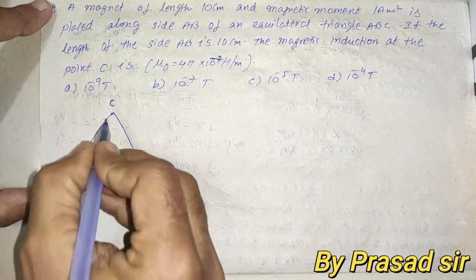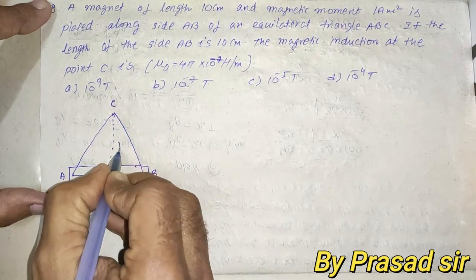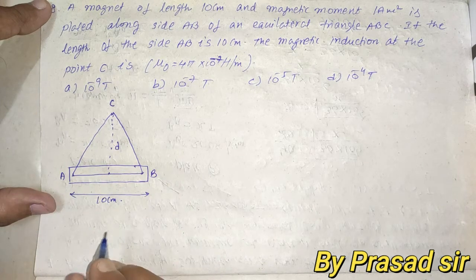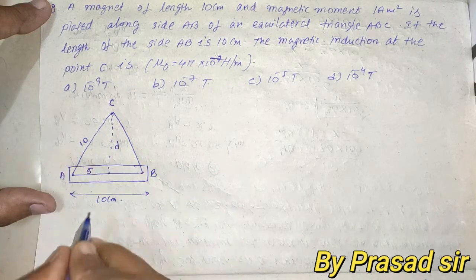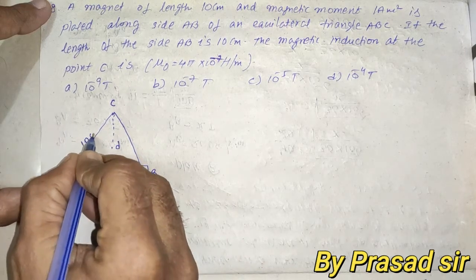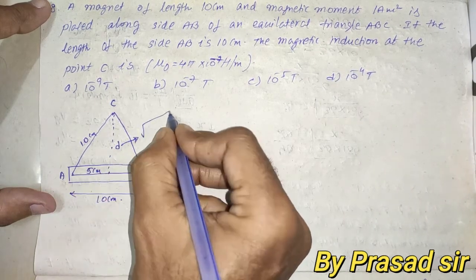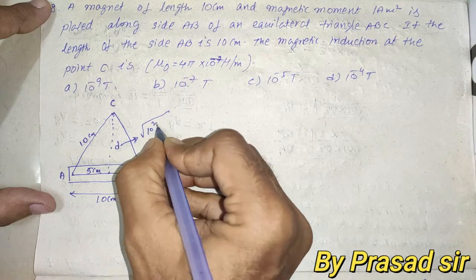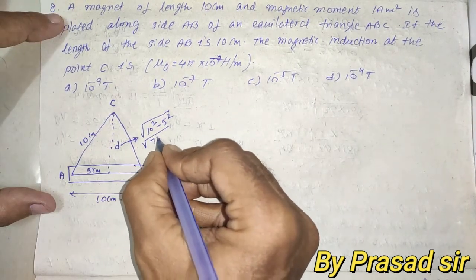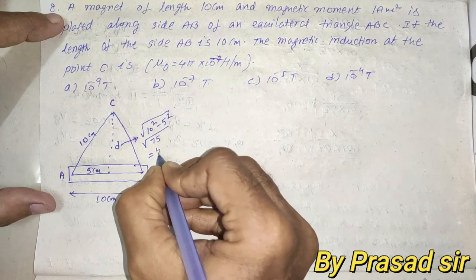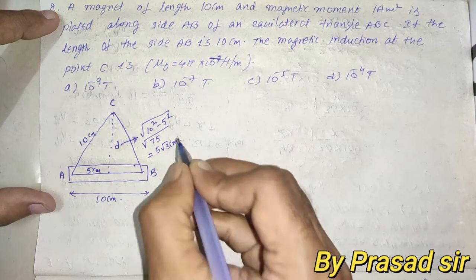So from the center, C is at a distance of some particular distance D. So this one is 5, and this one is 10. Here 5 centimeter and here 10 centimeter. But I want to calculate the distance D. That is square root over 10 square minus 5 square, square root over 75, which is equal to 5 root 3 centimeters.